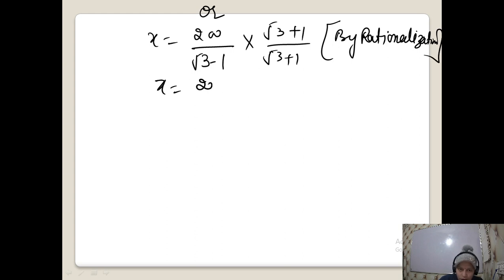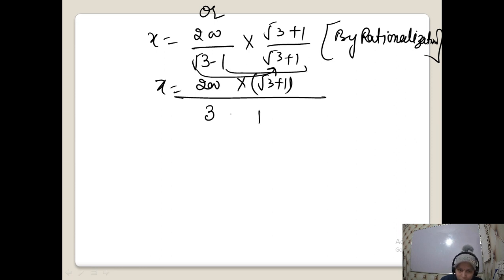You can see 200 multiplied by root 3 plus 1, over root 3 times root 3, which gives 3, and 1 times 1, which gives minus 1, because here you can use the a minus b, a plus b formula, that is equal to a square minus b square.